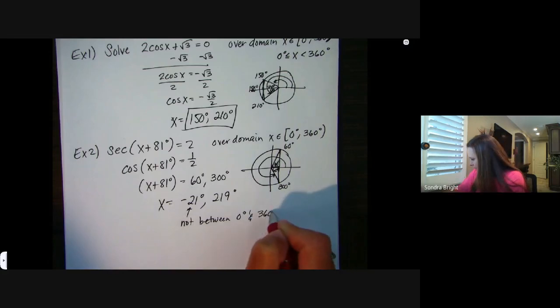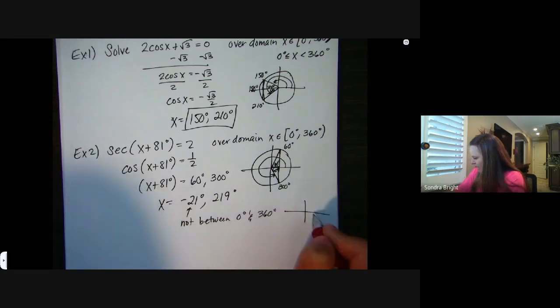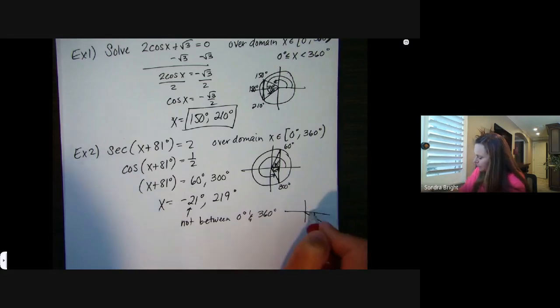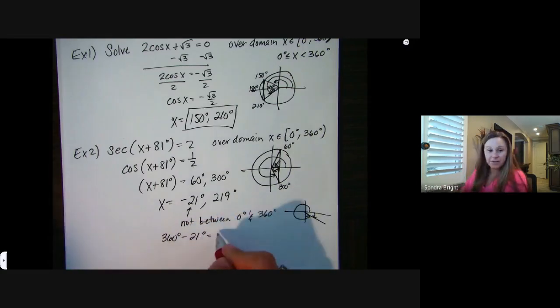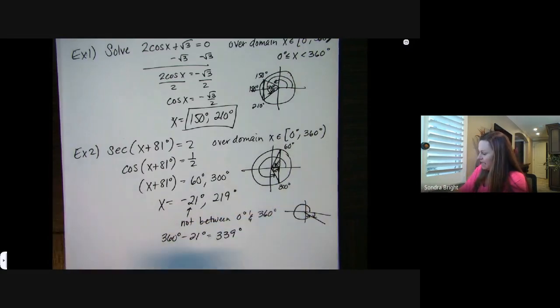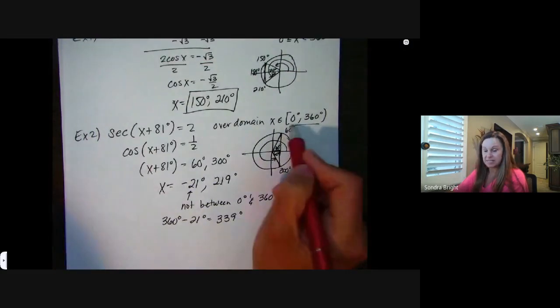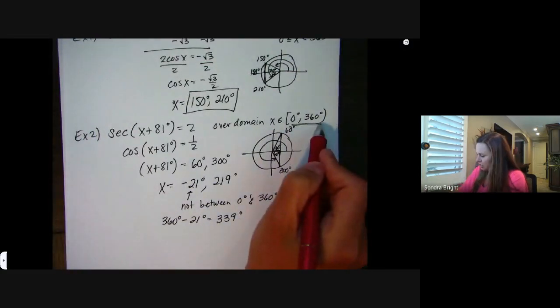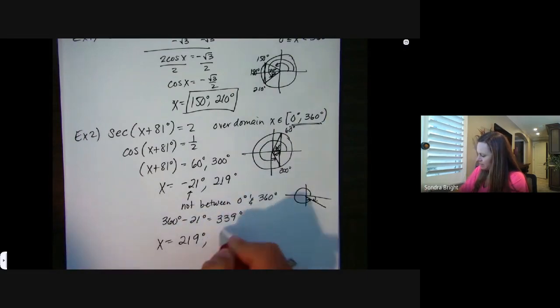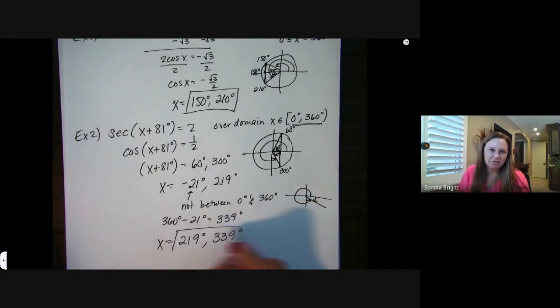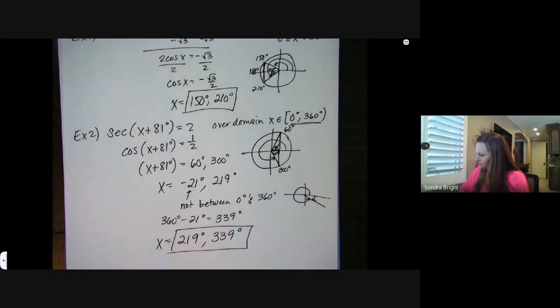But negative 21 degrees is right here, and I just need to go this way. So you'll go 360 minus 21, which gives you 339 degrees. That's how you get that one. And now 219 and 339 are in my domain between 0 and 360. So your answer is 219 degrees and 339 degrees. You've got to make sure your final answers are in that domain.